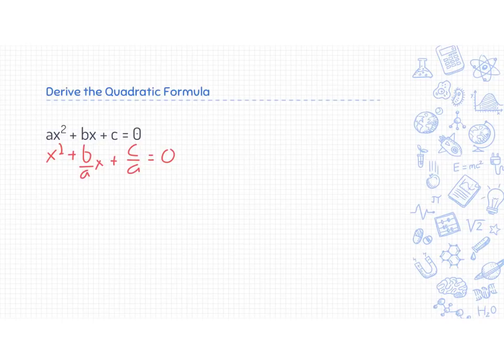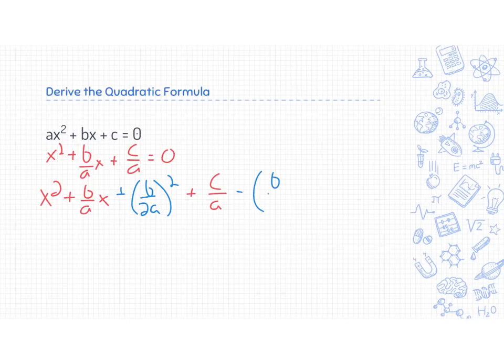And so what that does for us is it gives us this extra term that is b over 2a squared, and then what we add, we also have to subtract. That way it is really 0 that we added.